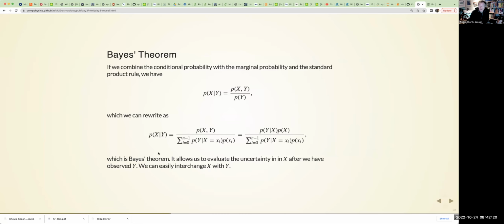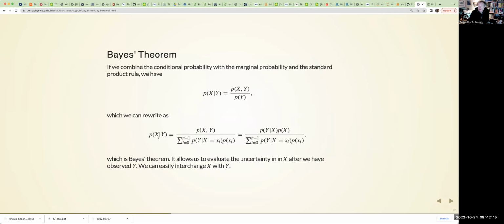You can easily interchange x with y. The way you read this is the probability of x given y, and assuming we know the probability of y given x multiplied with P(x), we're assuming that we actually know these quantities or can model them in some way, then we can always set up the probability of x given y.